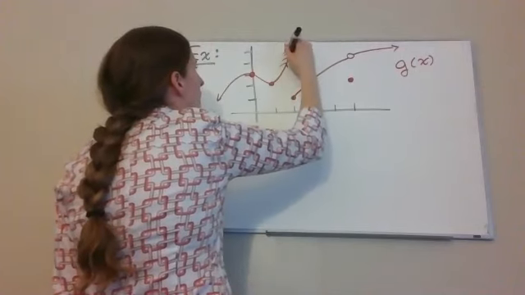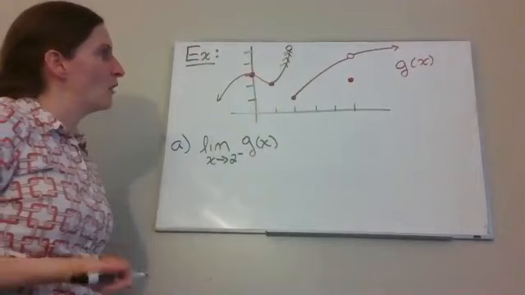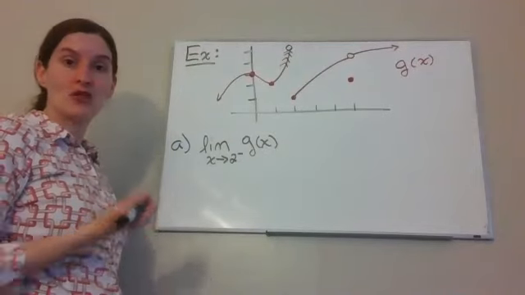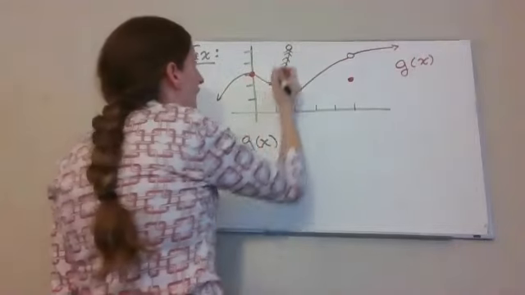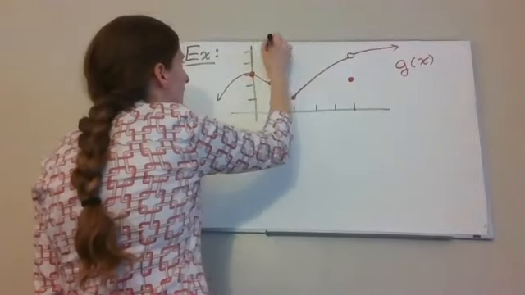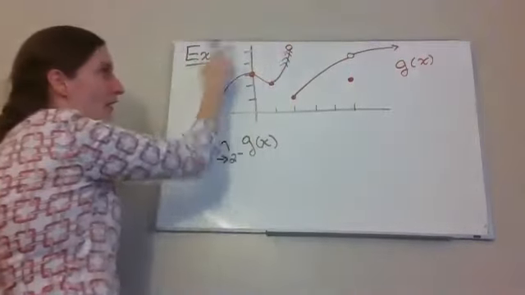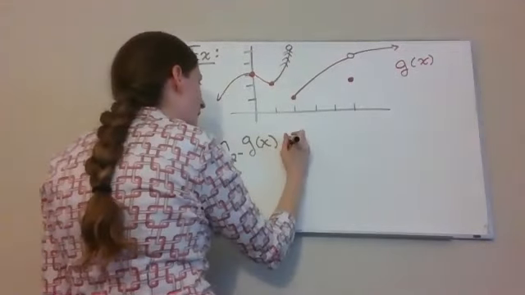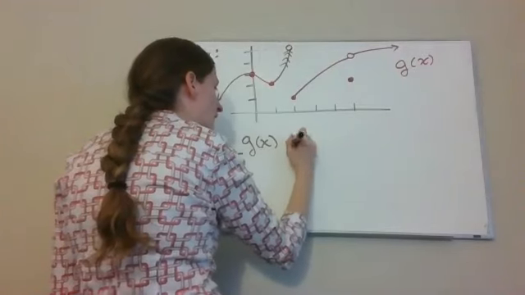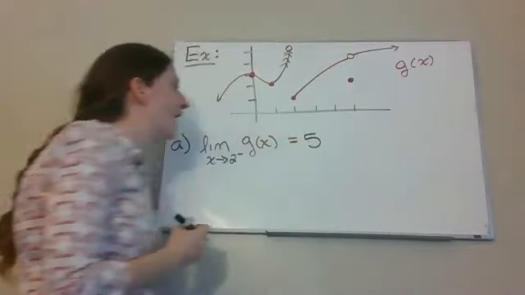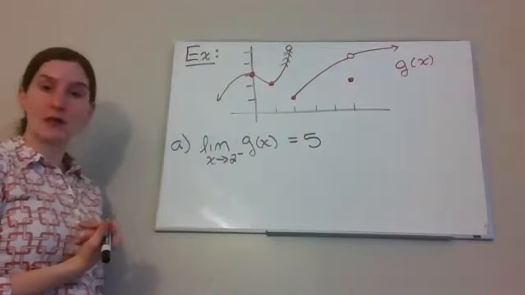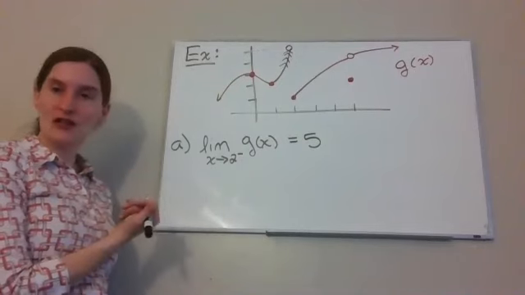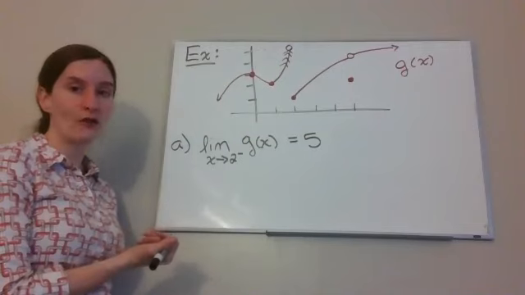So I'm walking along my function here, and what does it look like the y value of my function should be when I approach 2 from the left side only? Well, that looks like I should have a y value of 5 way up there at that hole. So the limit as we approach 2 from the left of this function is 5. It looks like when we're approaching only from the left side that the behavior of the function is getting closer and closer to 5.